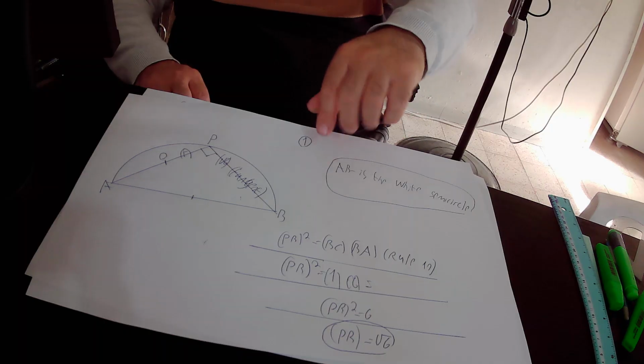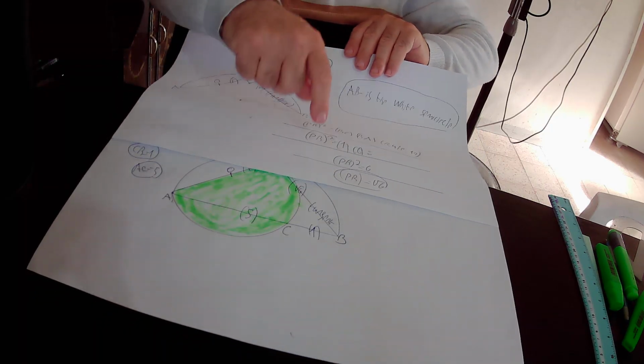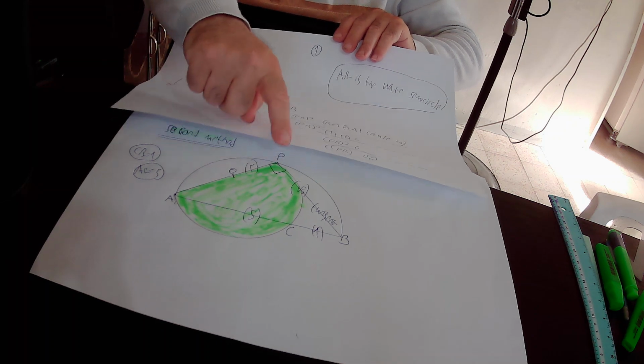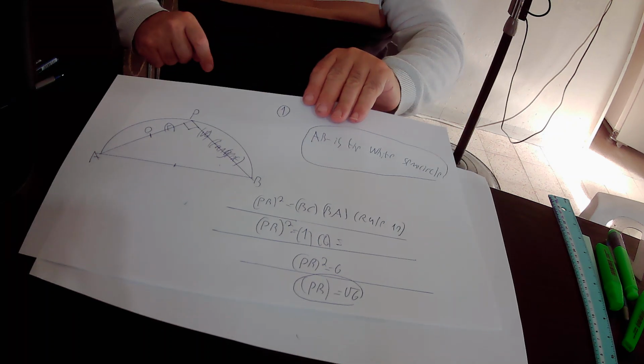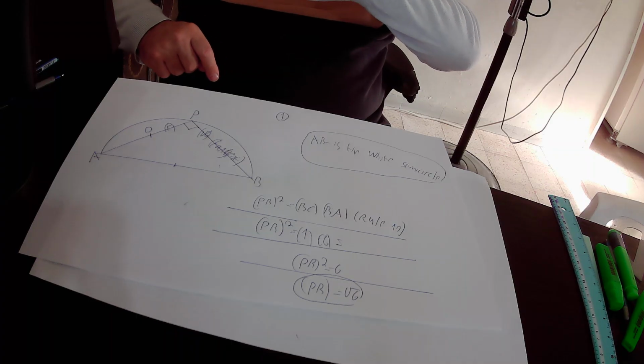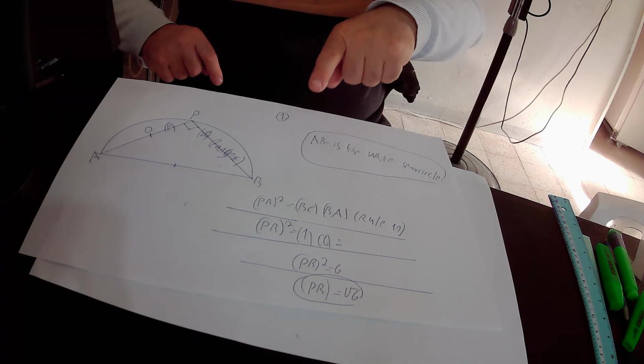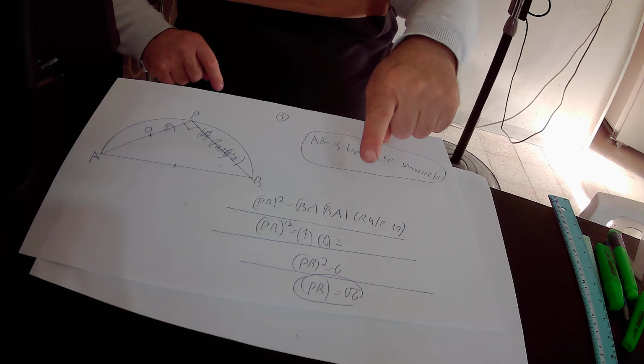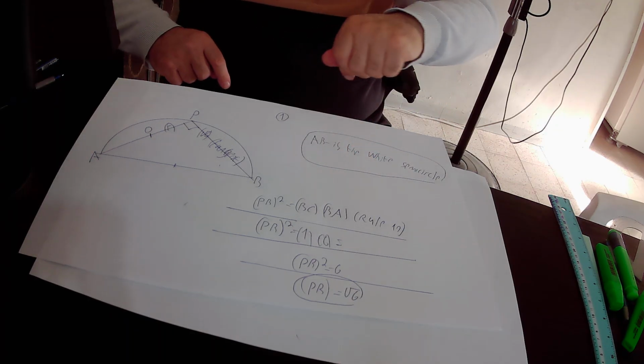PB squared equals BC. BC is 1, so substitute BC by 1, times AB. AB is 5 plus 1, that is 6, so substitute AB by 6. So in total, we found that PB squared equals 1 times 6, that is 6.